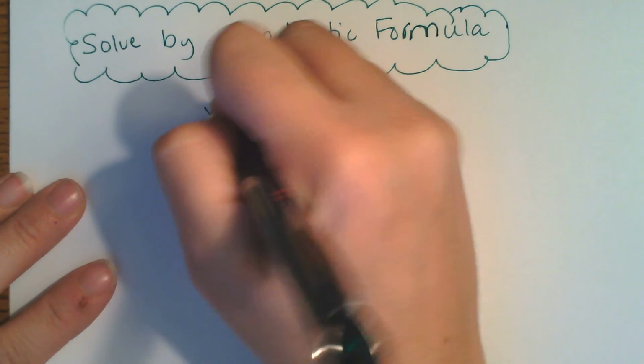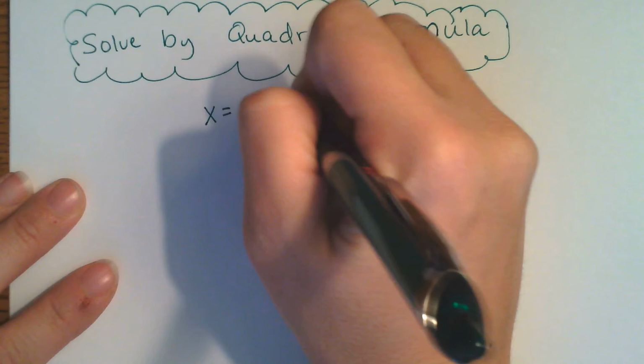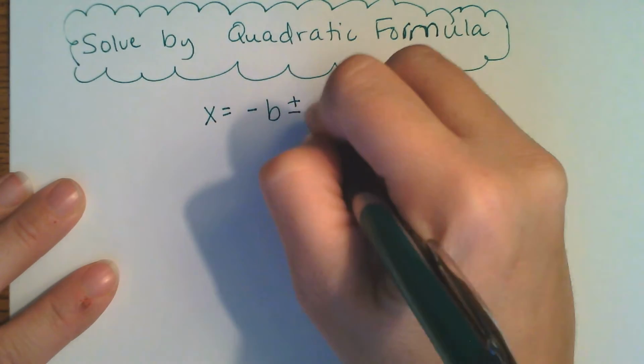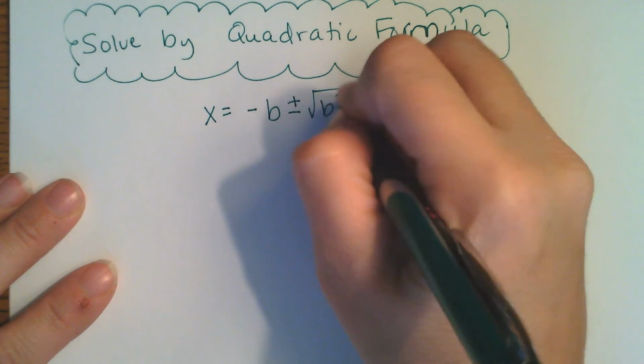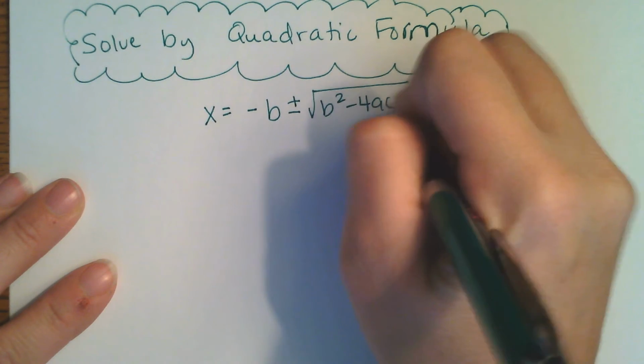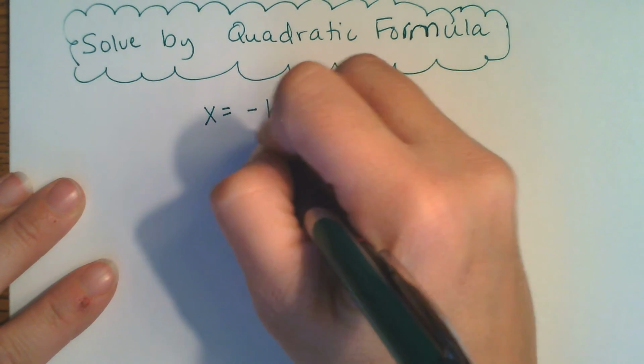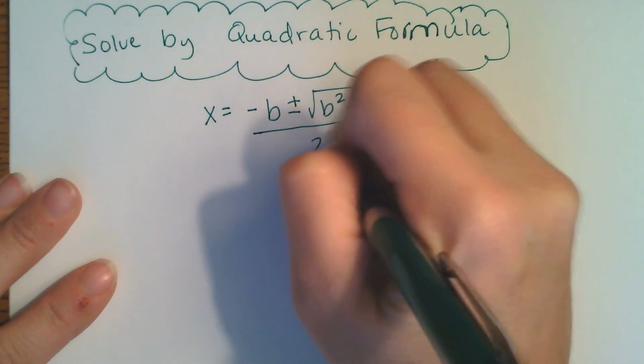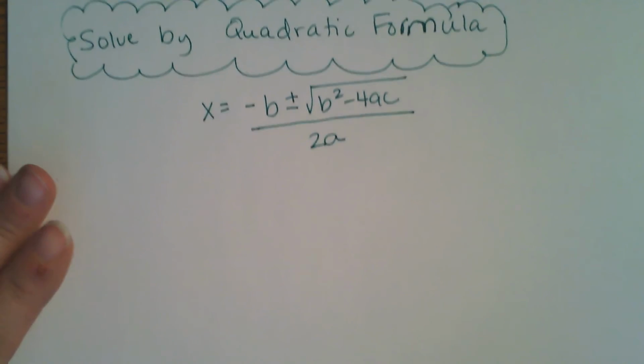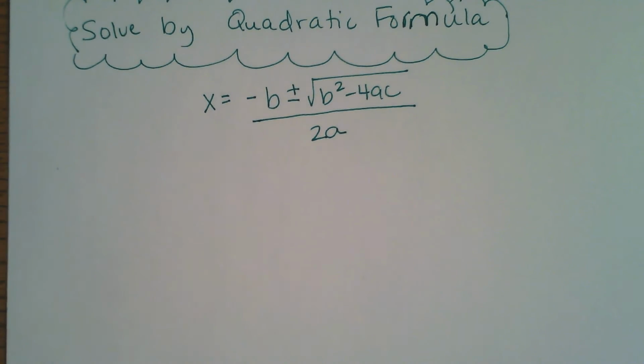All right, so the quadratic formula is x equals negative b plus or minus the square root of b squared minus 4ac, all over 2a. I don't think anyone will be impressed by that. But thanks.